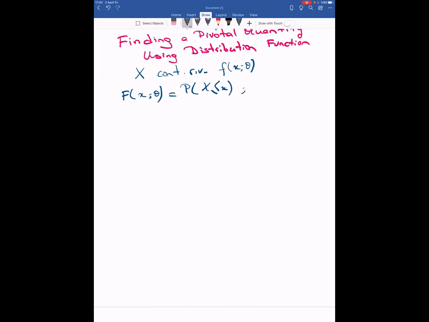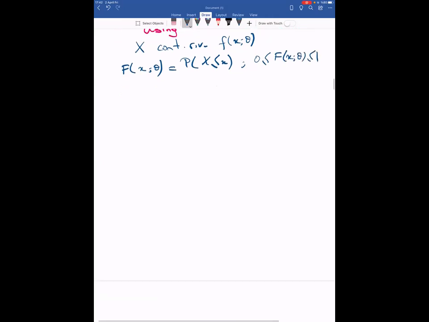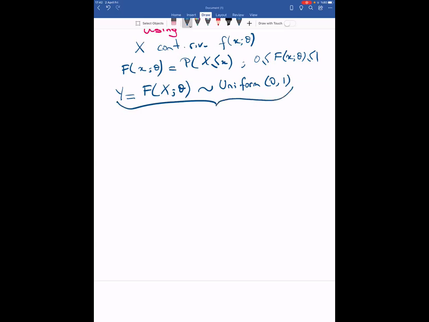Since it's a probability, it should be between 0 and 1. And you can prove that if we consider this F as a random variable, it is distributed as uniform 0, 1. So any Cdf is a random variable distributed as uniform 0, 1. This is known as the probability integral transformation.